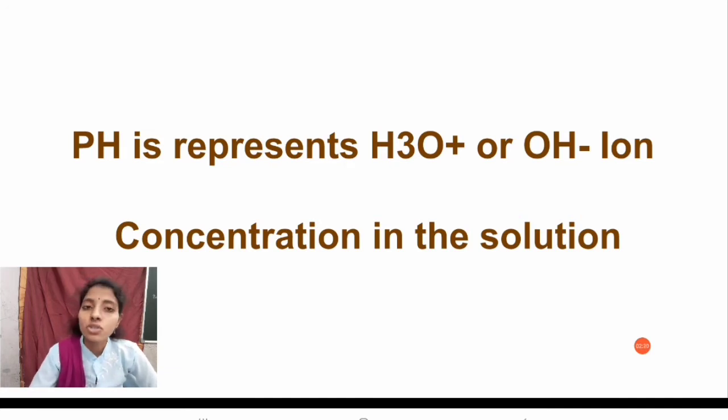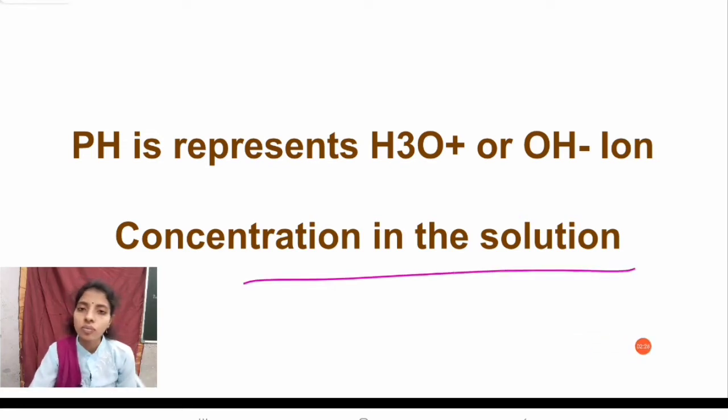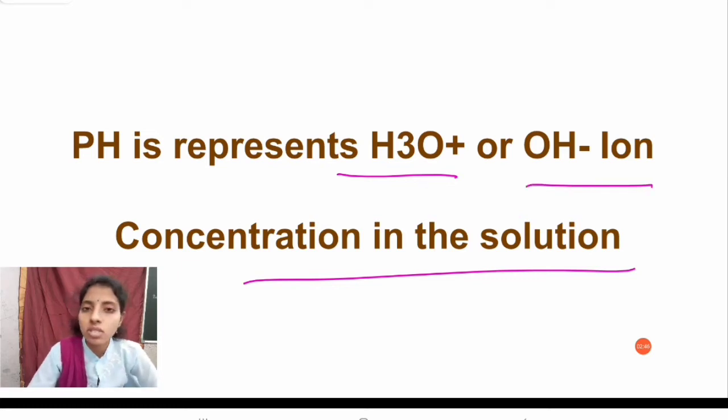So, pH represents H3O plus or OH minus ion concentration in the solution. In a given solution maybe the H3O plus ion concentration increases, sometimes it decreases. We know in acidic solutions the H3O plus ion concentration increases, and the OH minus ion concentration decreases.